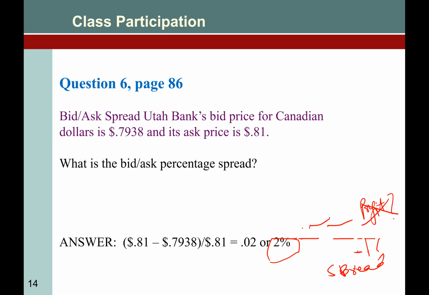This is called spread, which means this dealer is charging 2% above the purchase price, and 2% is not a profit. It's just telling you how much he is earning. That's it. Remember this one.